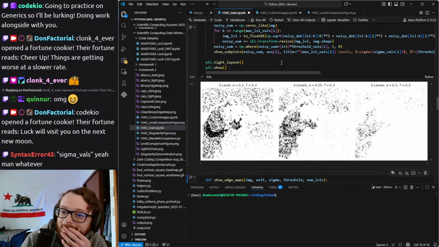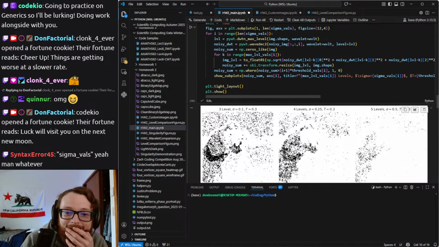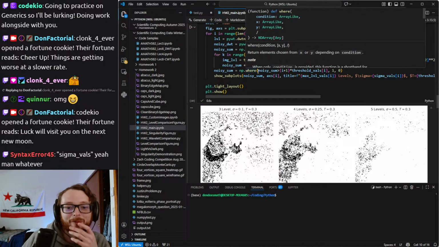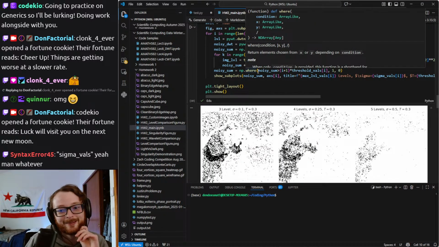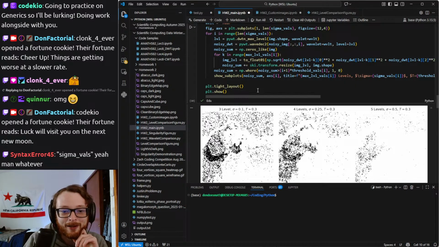Well, I think something's still a little wrong here, but this is progress. Sigma vals. Sorry if you can't handle my sigma vals syntax error. Not everyone can.